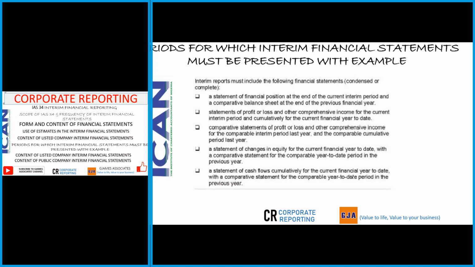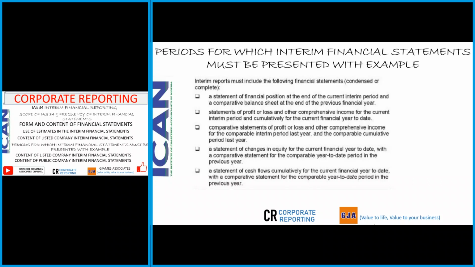The periods now. The periods that must be shown on an interim financial statement. Here we are going to look at it critically and try to break down all this big English into a simple, understandable format. Basically, three periods must be shown on an interim financial statement.